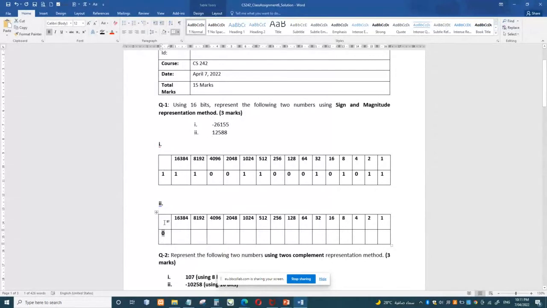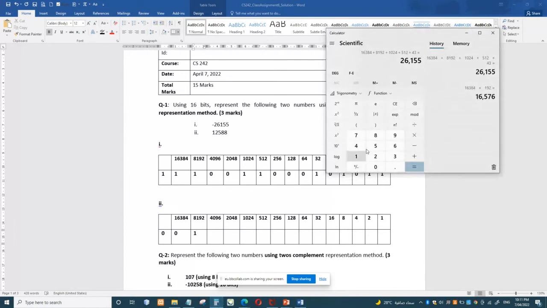So in this case, we are putting 0 in the leftmost bit of the 16 bits. Now the magnitude is 12,588, but our first positional value is 16,384. So we are putting 0 there as well, but definitely we can take 8192, so I'm putting 1 here.